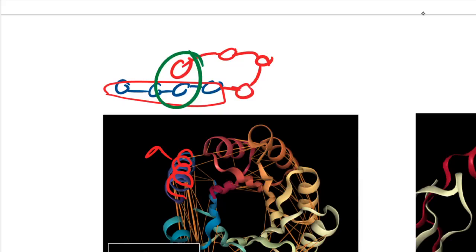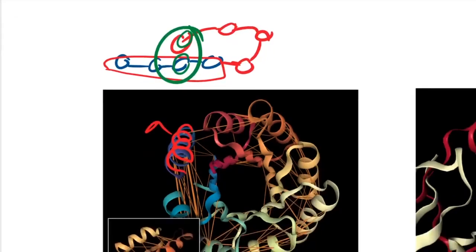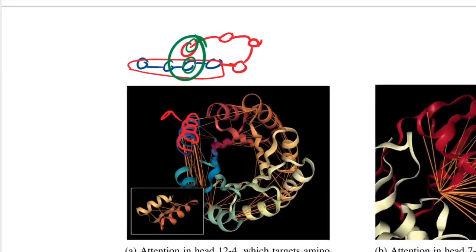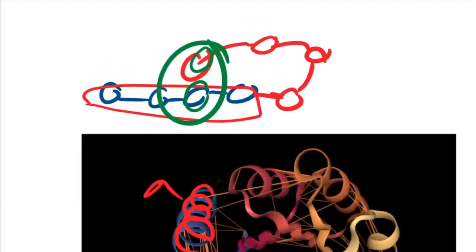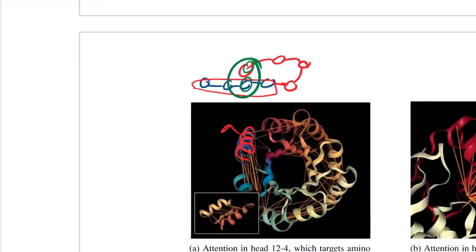And predicting which amino acids are in close contact to each other helps you determine the tertiary structure. So that's a consequence of it. So we wonder, does BERT know intrinsically which of these amino acids are going to end up being in contact with each other without ever having been trained to do it?